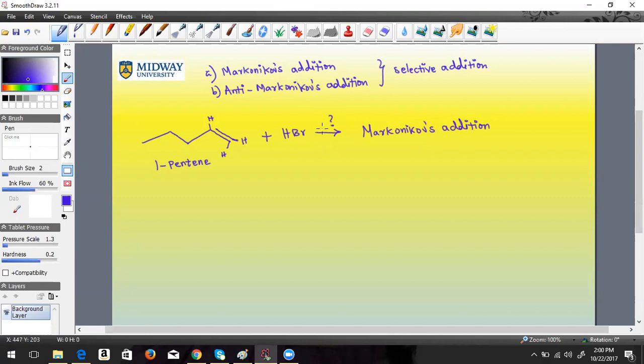So this is a selective addition, and in a Markovnikov addition, the halogen is added to the side of the double bond with the least number of hydrogens.